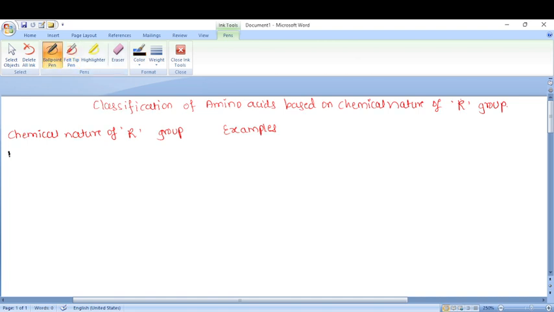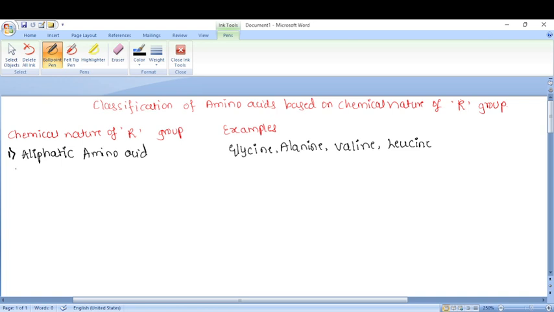Here, first one, aliphatic amino acids. Examples: glycine, alanine, valine, leucine.